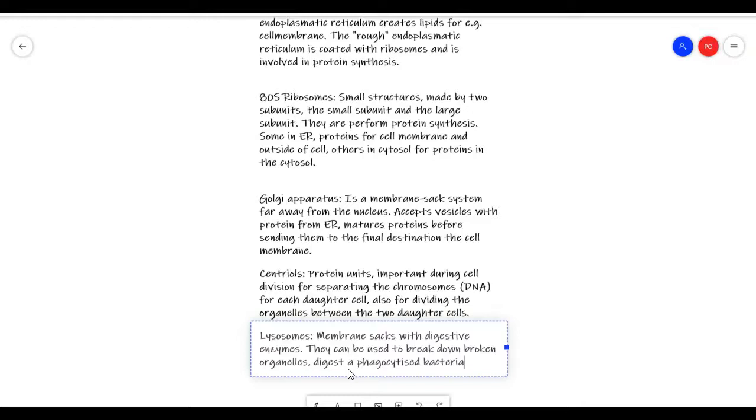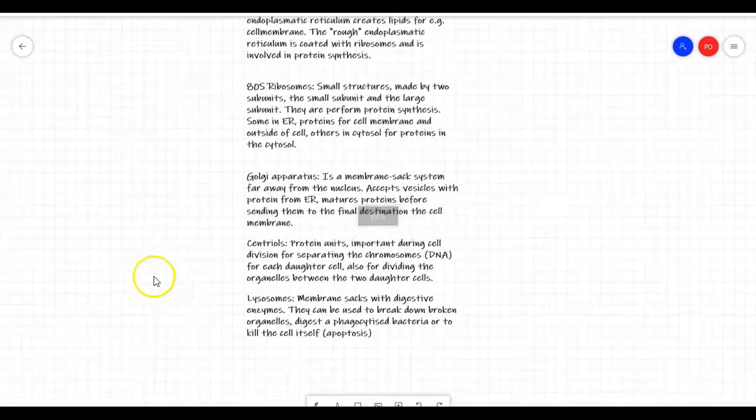Phagocytosis is what it's called when a cell kind of eats something from outside and envelops it in its own membrane. The animal cell will envelop the bacteria in the animal cell membrane, or to kill the cell itself. Apoptosis. Once again, these things you'll learn more about later, but that's kind of what it does.